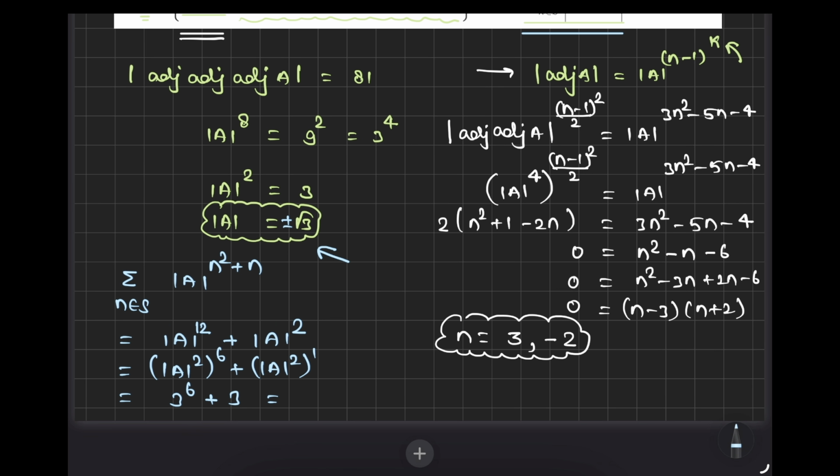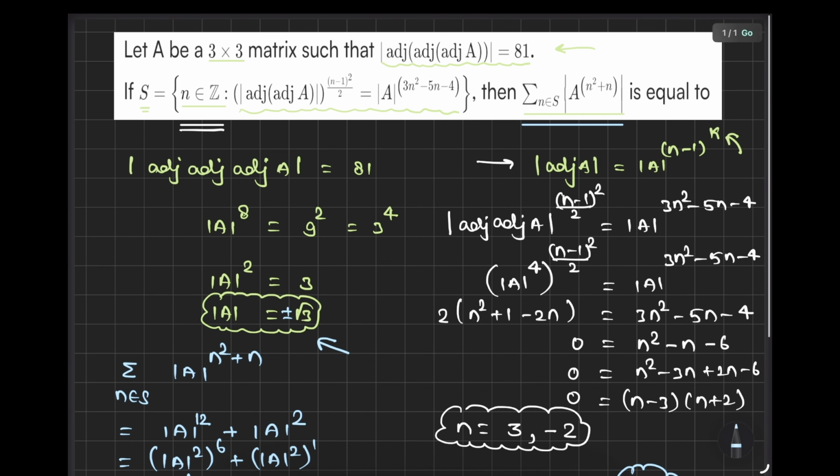So 3 to the power 6 will become 9 times 9 times 9, okay, and 9 times 9 is 81, times 9 is 729, plus 3. So it is 729 plus 3, so it is 732. Therefore, the required value is 732.